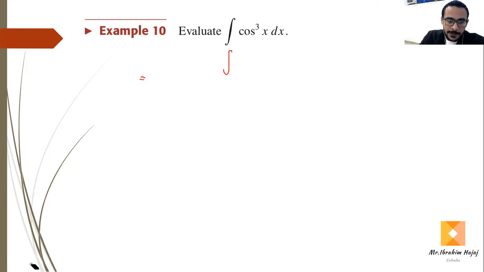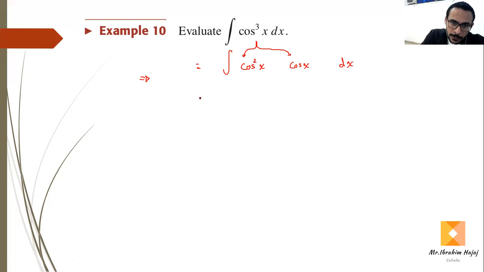I will split, or rewrite, cosine cubed as the product of cosine squared x and cosine x dx. I split the cosine cubed as cosine squared and cosine x.